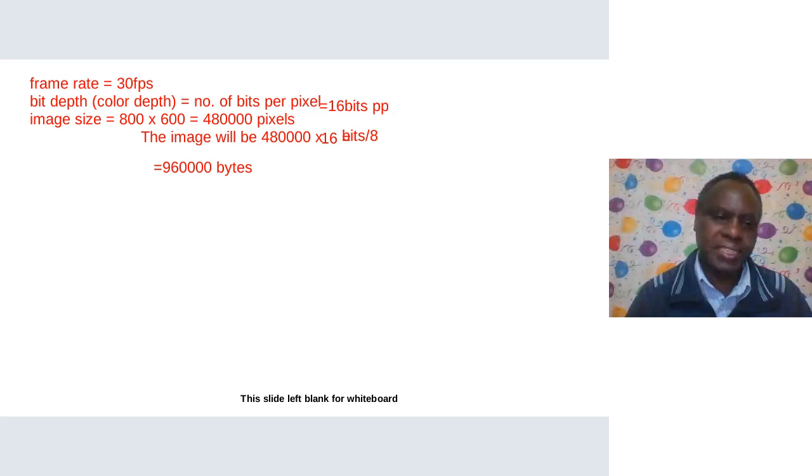It moved to 8 bits per pixel, which can produce 256 colors. It has continued to improve, from 8 to 16, from 16 to 24, and currently we are dealing with 32.